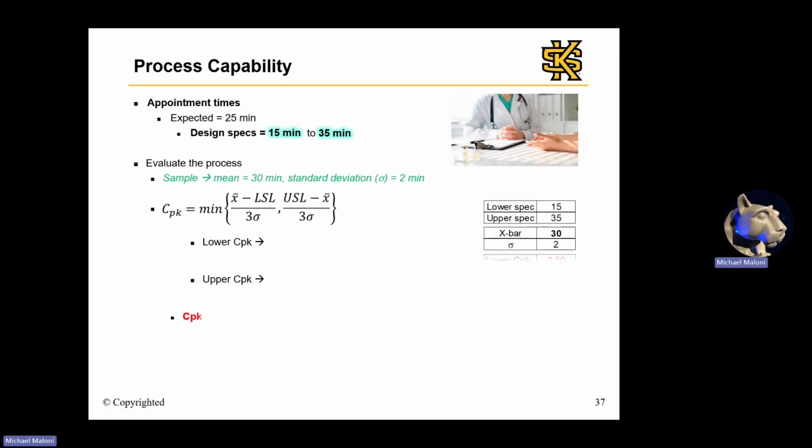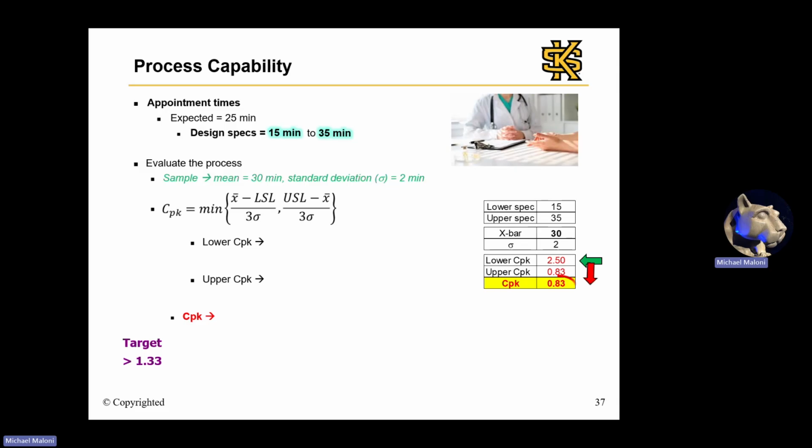In our example, the calculation for the lower spec is 2.50, which is greater than the target of 1.33, which is good. But the calculation for the upper spec limit is 0.83, which is less than the target of 1.33, so that's bad. Then the worst case, the minimum of the two numbers, is 0.83.